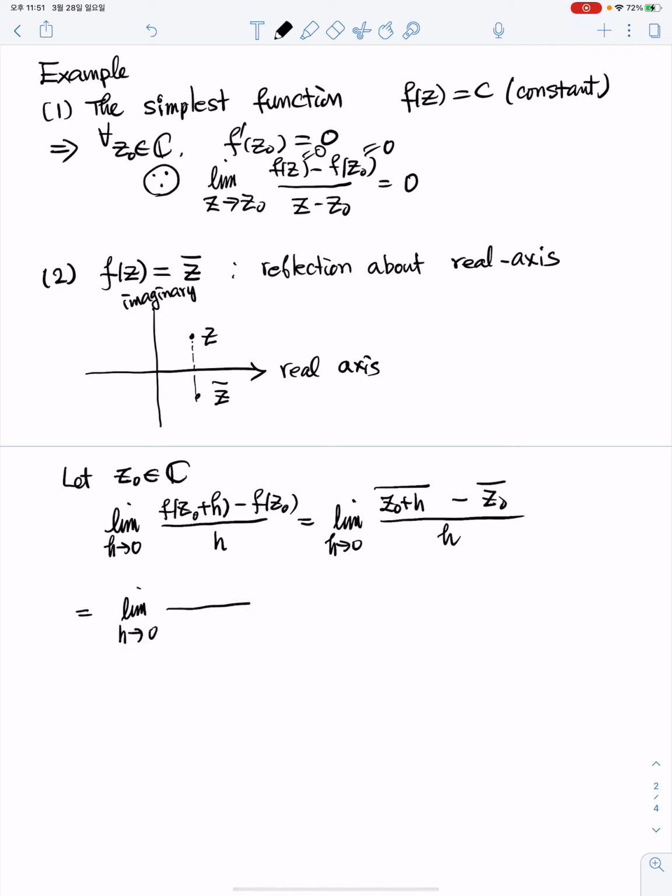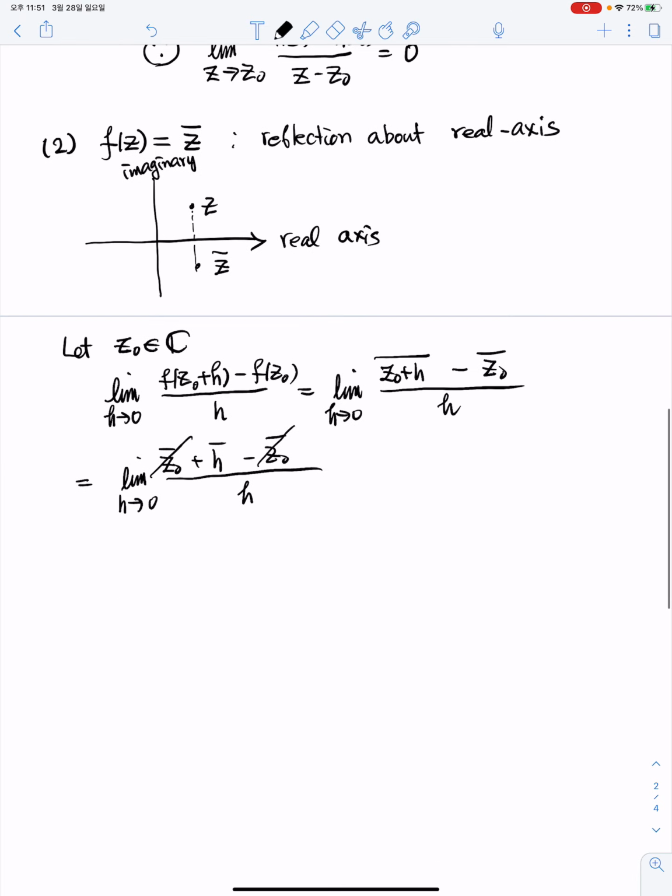So that would be conjugate of z0 and conjugate of h minus conjugate of z0. So these two cancel out. So then we have the limit as h goes to 0 of conjugate of h over h.